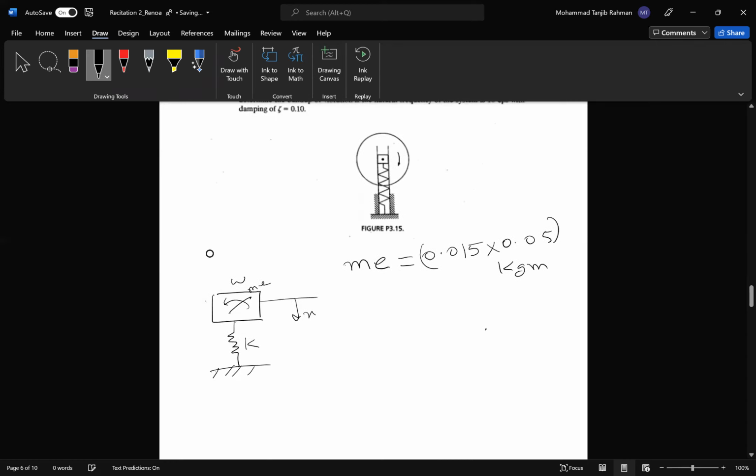We are given that omega is 1200 RPM. So I'm going to convert it to radian per second. It's going to be 125.6 radian per second.